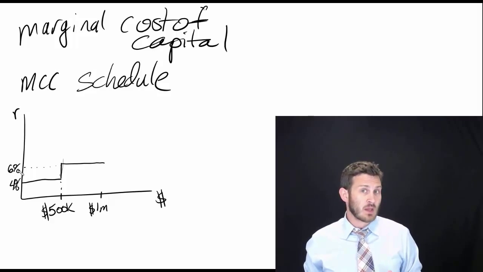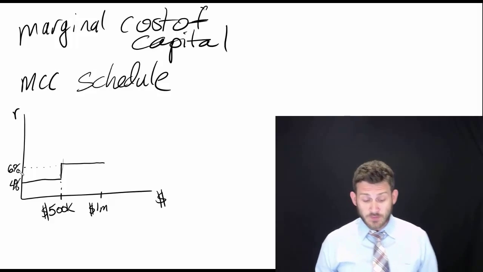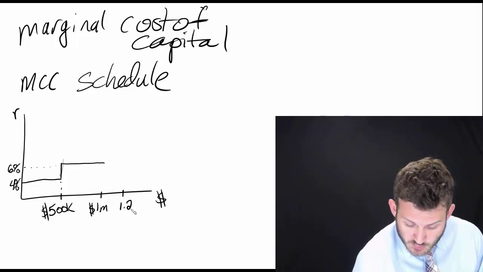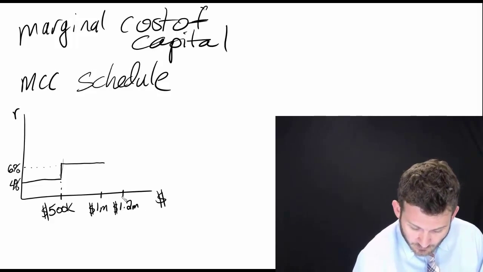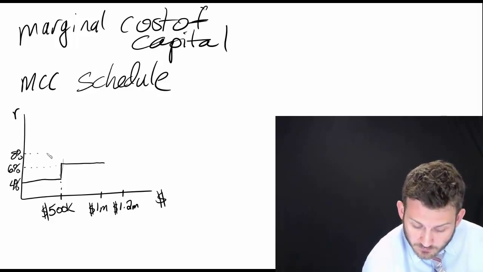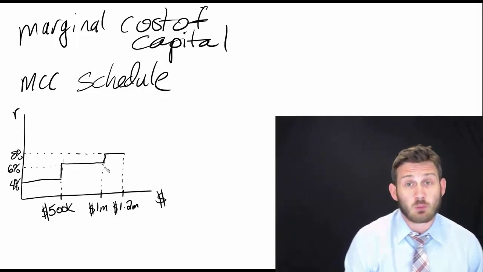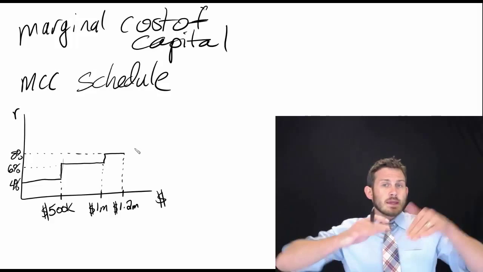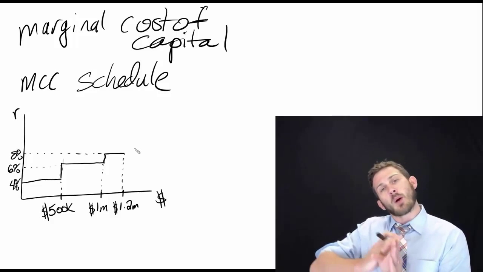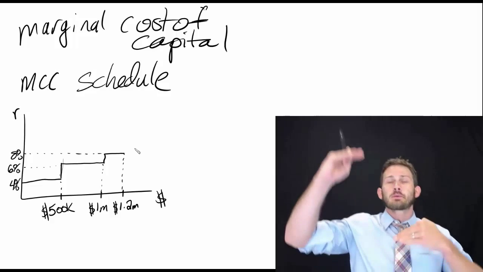Now let's say I have other projects that have other funds available, and let's say I can borrow up to $1.2 million, and that interest rate is going to be at 8%. These points, at $500,000, at 1 million, and 1.2 million, are what we refer to as break points. They are a point where, when we borrow above that break point, the interest rate rises.